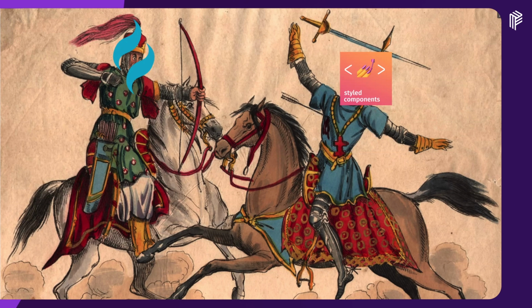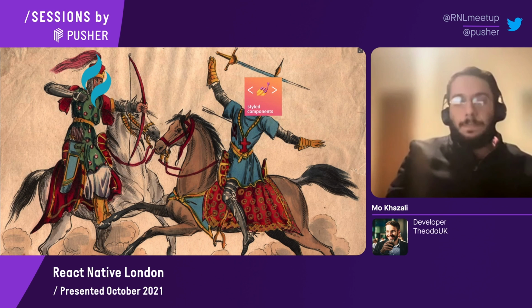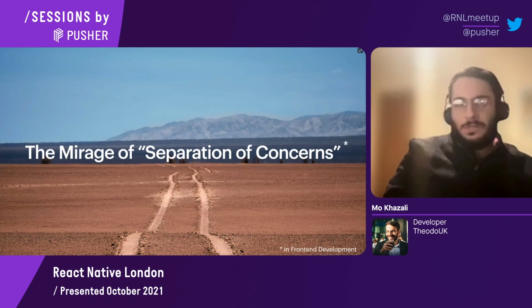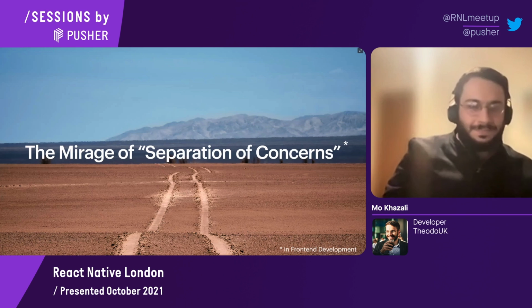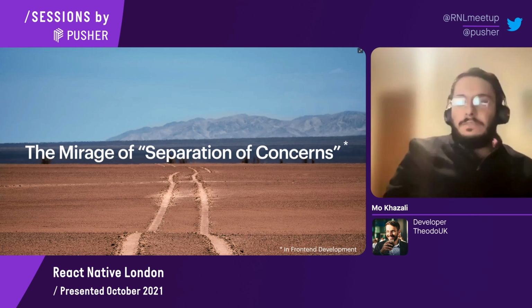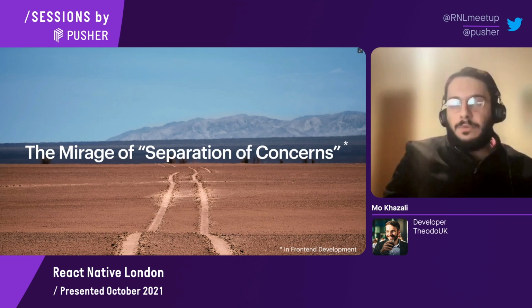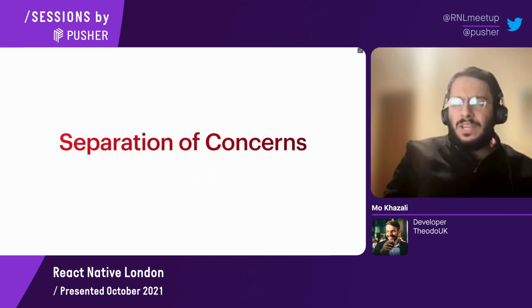So the mirage of separation of concerns, with the caveat that I will only be making this very, very bold claim when it comes to front-end development. So that asterisk is there to hopefully save me some slack. So take a few seconds to think about the concept of separation of concerns and try to come up with a definition that makes sense to you.